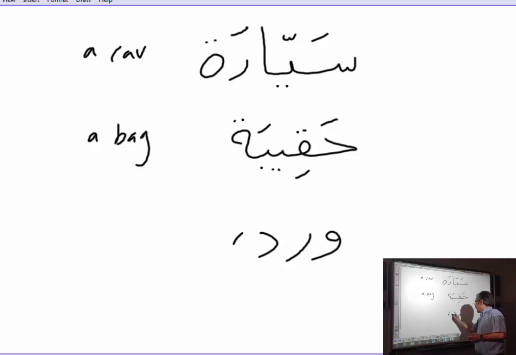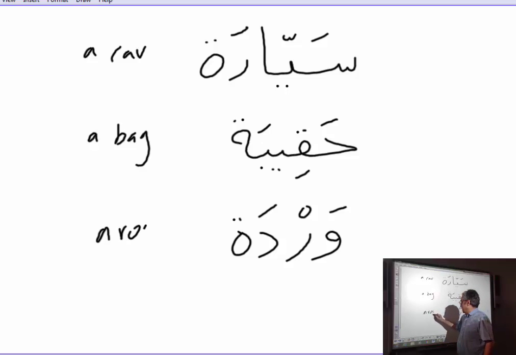Look at this word: وردة. وردة means one rose. So the ta marbuta indicates we have one feminine subject here. سيارة, حقيبة, وردة.